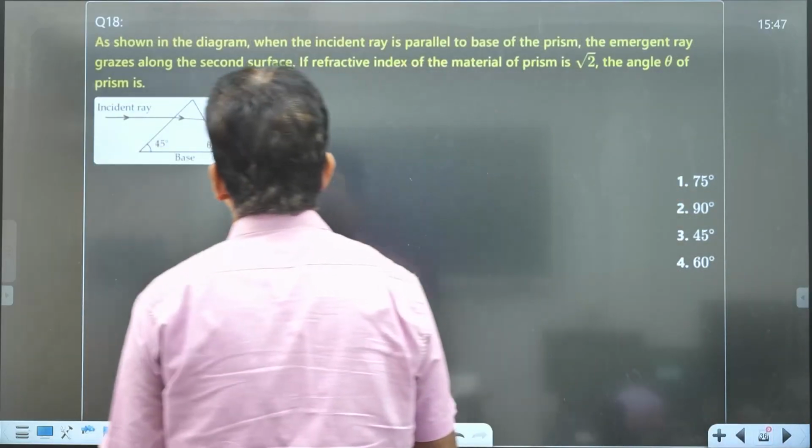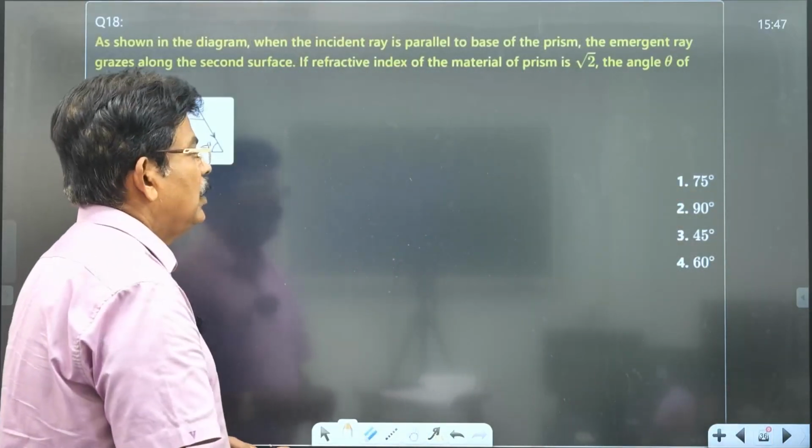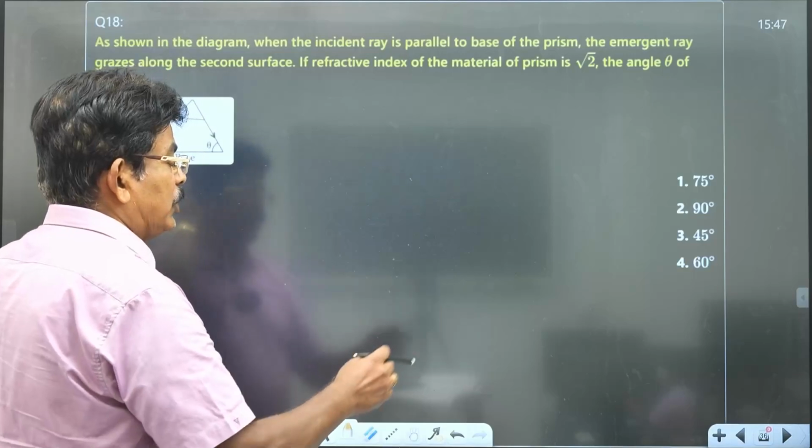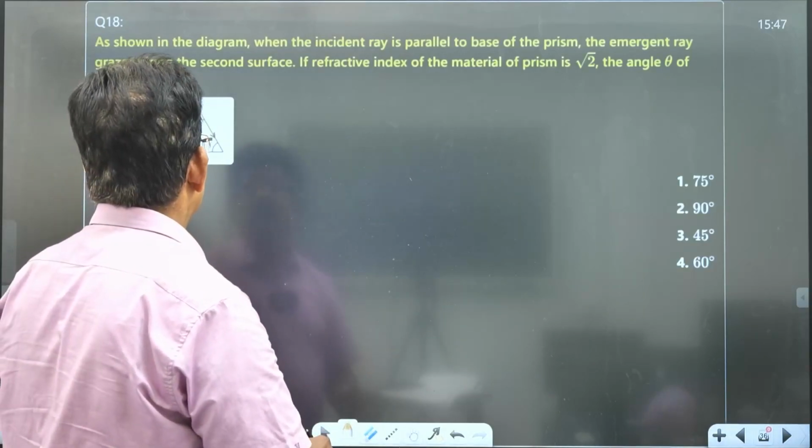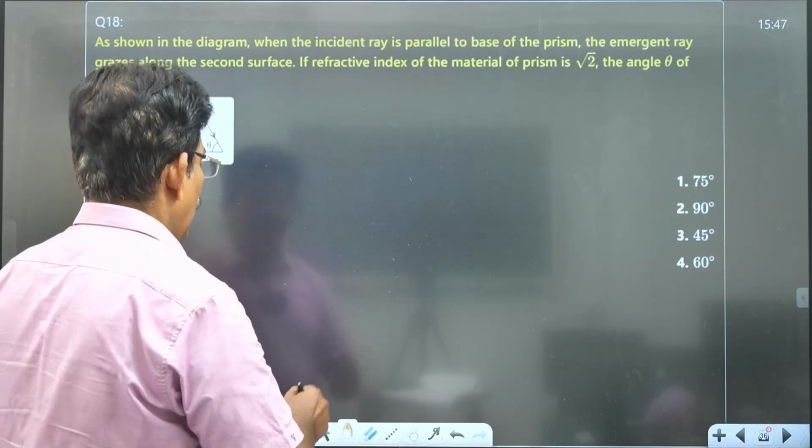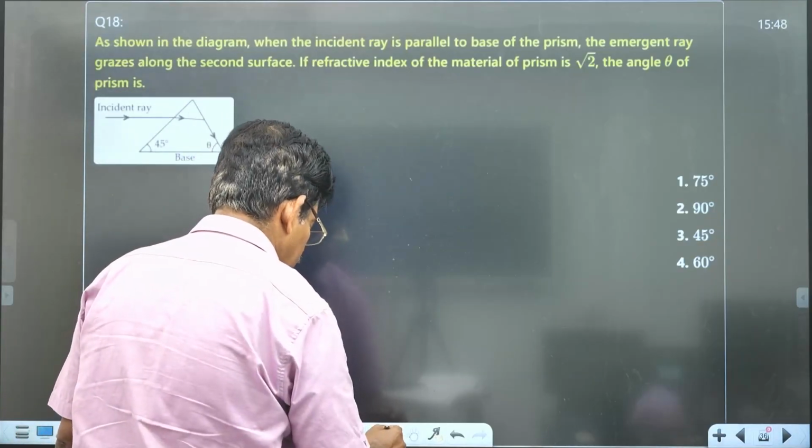Now, tell me here, I'm not going to the explanations, I'm not clear in explanations. Look, I'll draw it in a better manner.